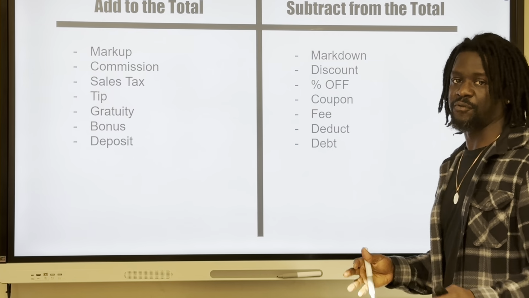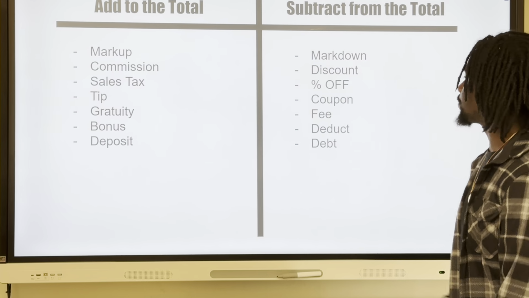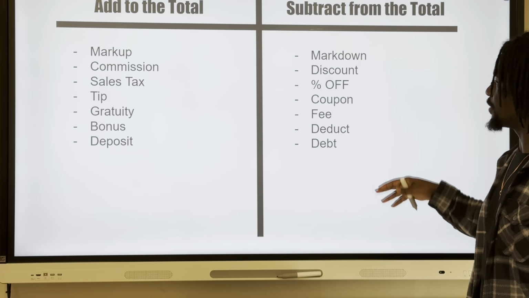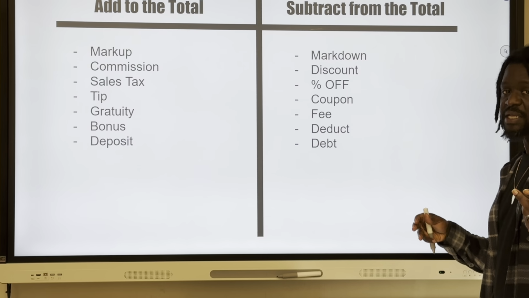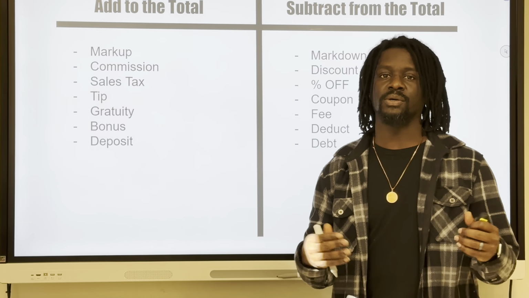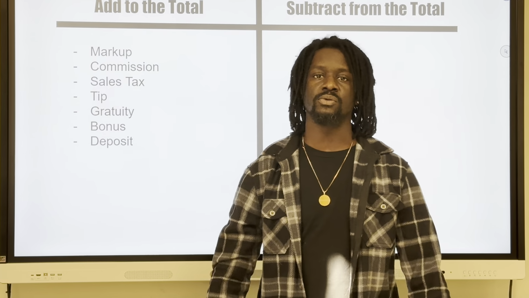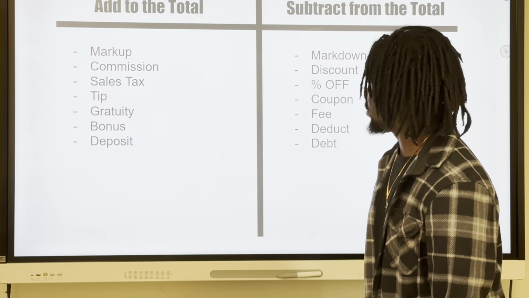When we subtract from the total, so once we solve for that X, we solve for the proportion, we subtract from the total when there's a markdown, discount, percent off, coupon, if there's a fee, deduction, or a debt. Okay, and so again, some of these words we have not discussed all of them, but I just wanted to kind of introduce them to you, and you will see them later on.